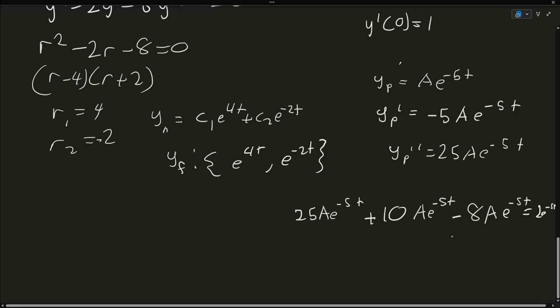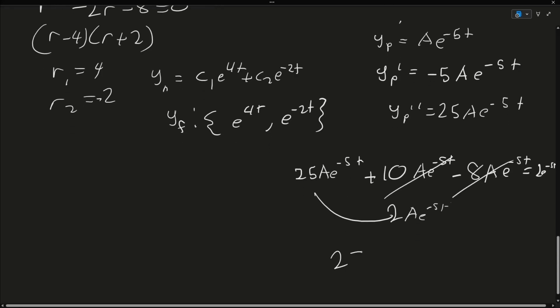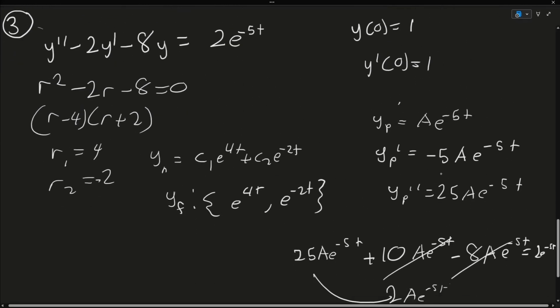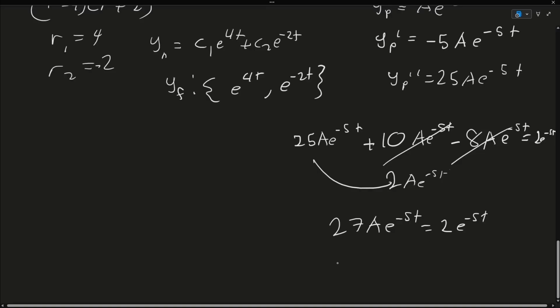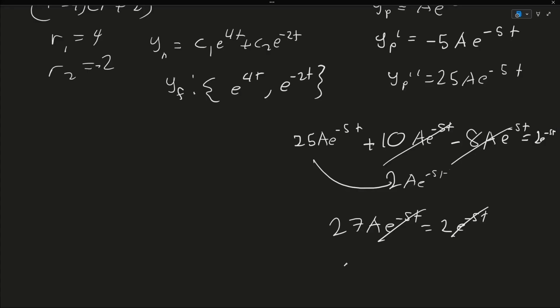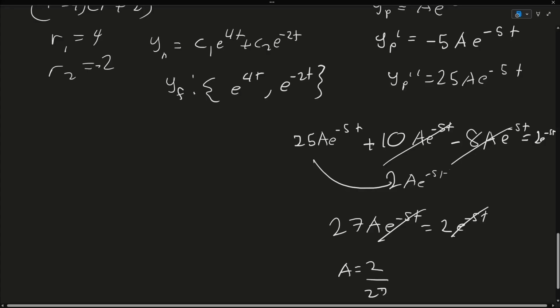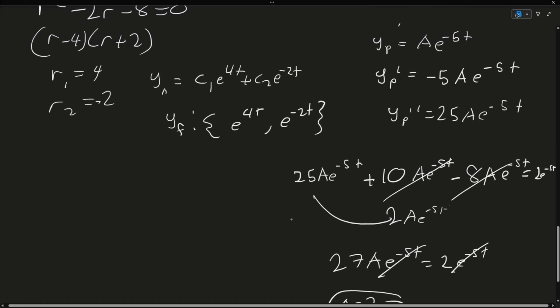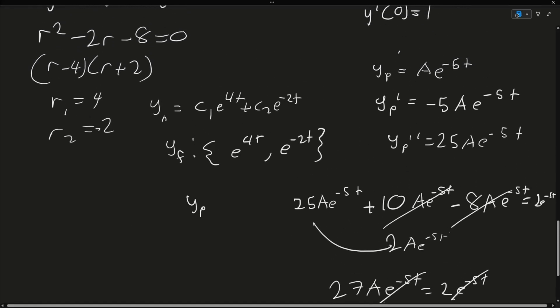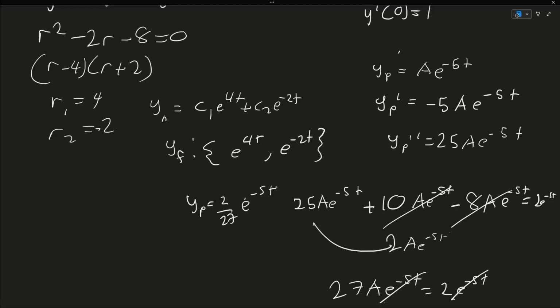Reducing this, we have 27a e to the minus 5t equals 2 e to the minus 5t from the given equation. Dividing both sides by e to the minus 5t, a will be equal to 2 over 27. So we can write yp as 2 over 27 e to the minus 5t.